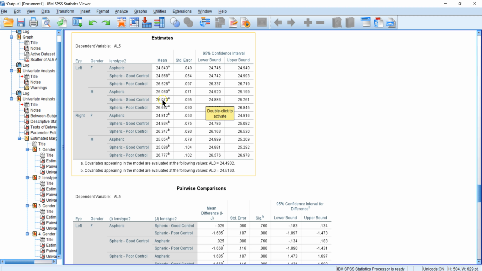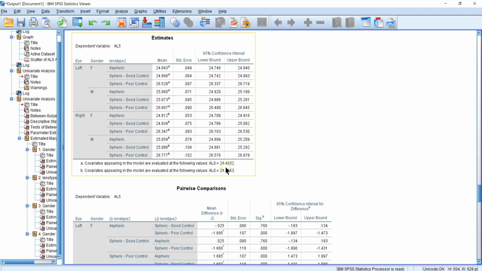It's not 26, it's 25, and those two groups are virtually identical. So the expected mean, once we've adjusted for baseline, is a very different answer than just the raw mean. So you ask, well, which one is real? Well, they're both real. It's just that the mean after you've adjusted for baseline comes out to be this.